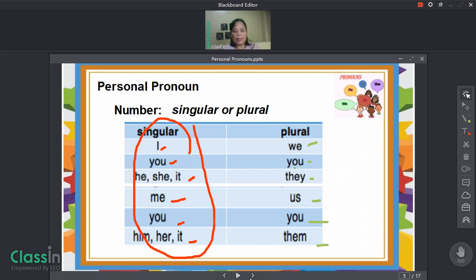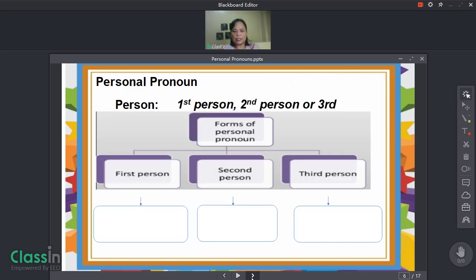Next, let's proceed to the personal pronoun depending on its person. We have the first person, second person, or third person, sometimes also called the forms of pronouns.